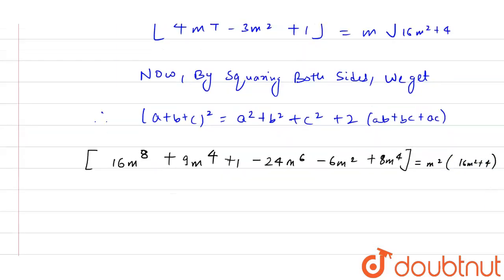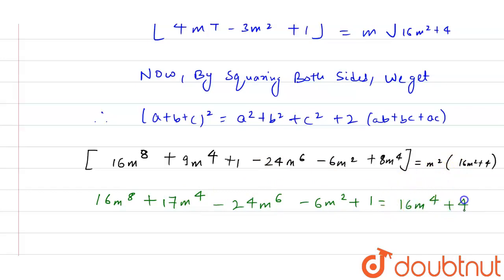So now it will become 16m power 8 plus 9m power 4 plus 8m power 4, that is plus 17m power 4, and this will become minus 24m power 6, and minus 6m square plus 1, that is equal to, if we multiply this m square by 16m square, we get 16m power 4 plus 4m square.